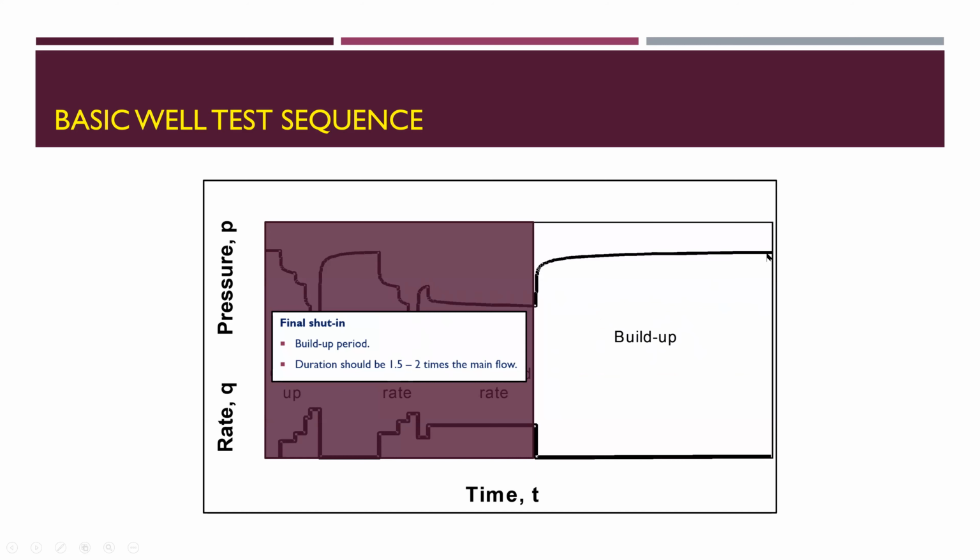The final pressure here: if we are dealing with an infinite acting radial reservoir, there will be no sharp drop between this final pressure point and the initial pressure point. However, if the reservoir is limited or bounded, there will be a gap between the final pressure point here and the initial point here.